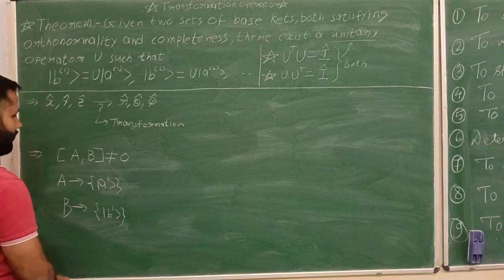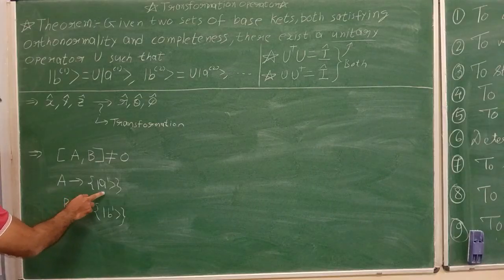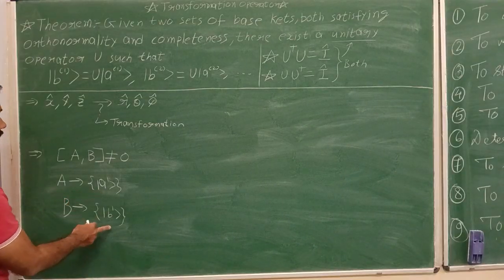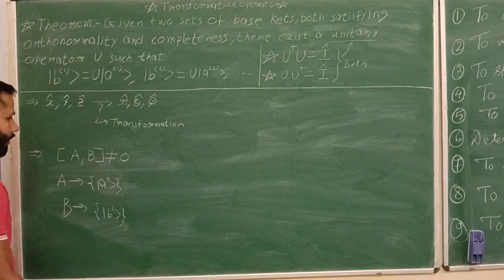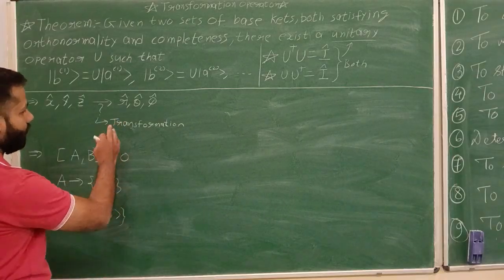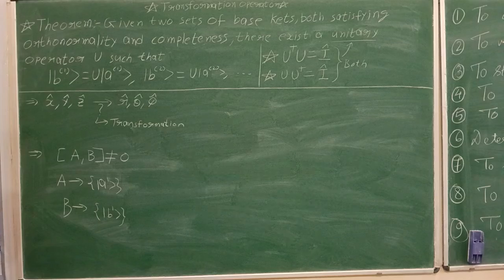And my interest is how can I go from one ket to another ket or vice versa. That is what our interest is, just like the transformations that we do in real space. Now we are interested in the arbitrary abstract ket space. So how do we go from that?